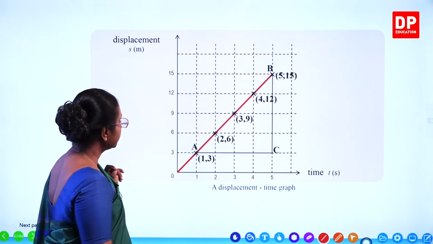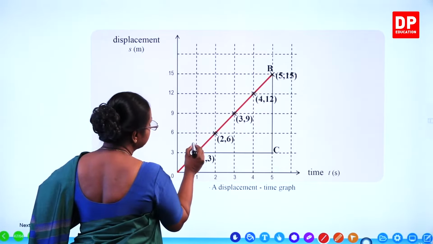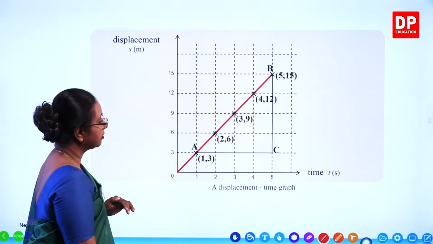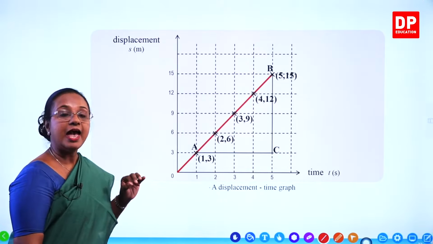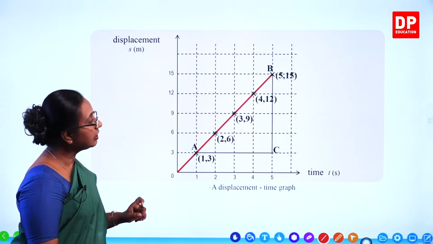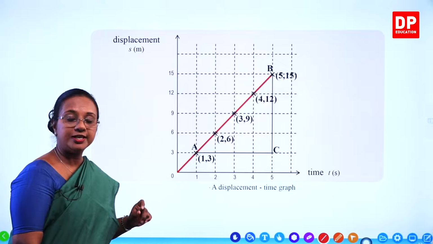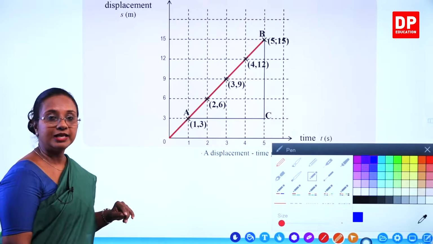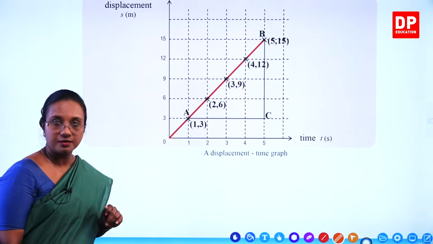Now in this, you can see here the graph has a straight line going through the point of origin, and you all know for a straight line we can calculate what is called a gradient. Now we will calculate the gradient of this graph.